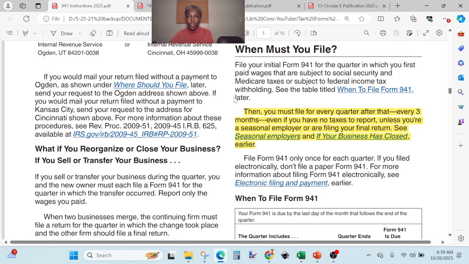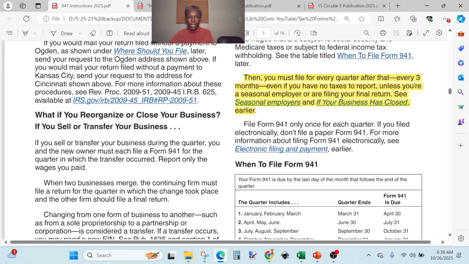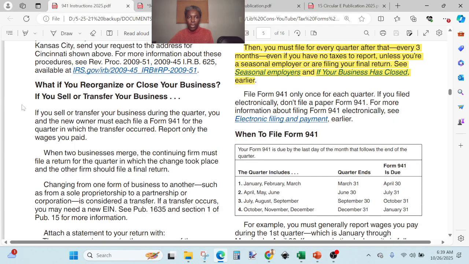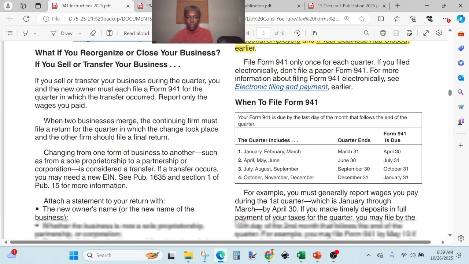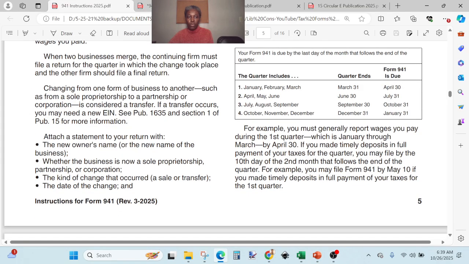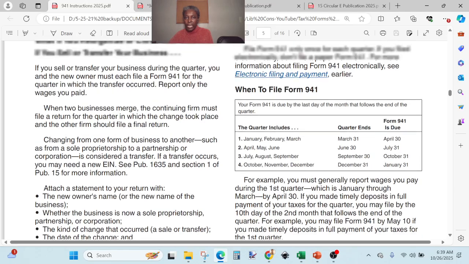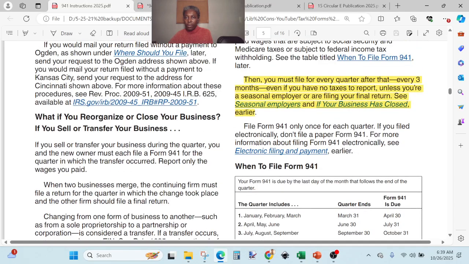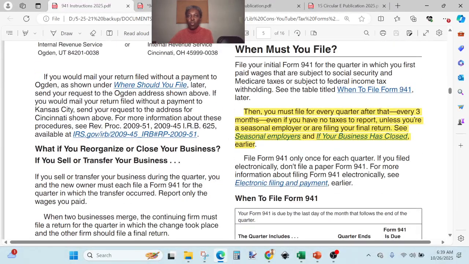If you want to know if you are qualified to be a seasonal employer, and again related to line 17, they have more information that you can read about. Pretty much what I'm talking about, the attachment should have, they have information on it, and they should talk about when you must file this form.